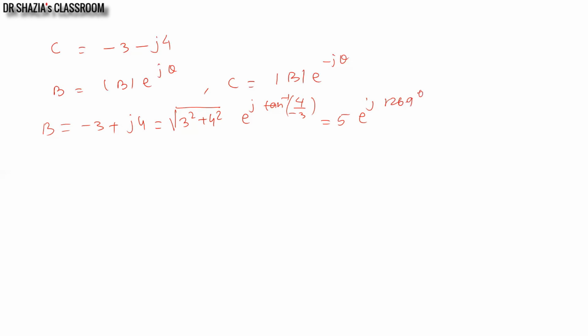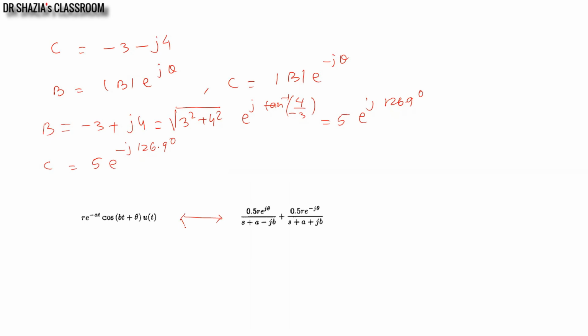I have calculated it in degrees. Yes, so if this is the value of B, then definitely C will be 5 e to the power minus of j 126.9 degrees.